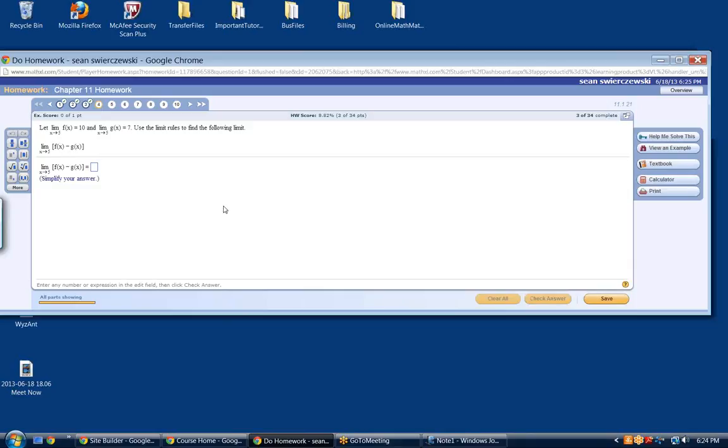Okay, the limit of f of x is 10 as we approach 5. The limit of g of x is 7 as we go to 5. Use the limit rules to find the following. The limit of f of x minus g of x is what?